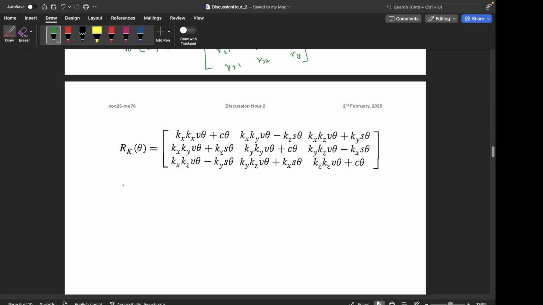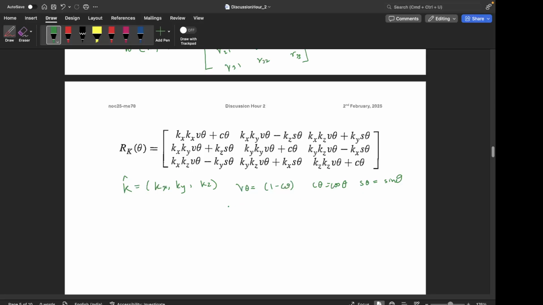So the vector k is represented as kx, ky, kz, right? V theta is 1 minus c theta, and c theta and s theta, as we know, are cos theta and sine theta.